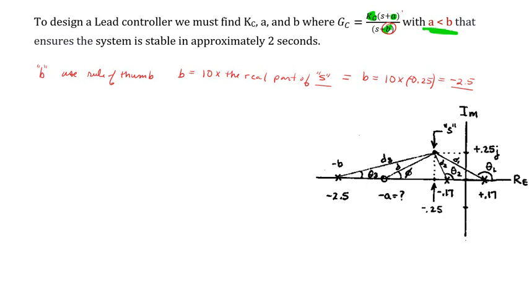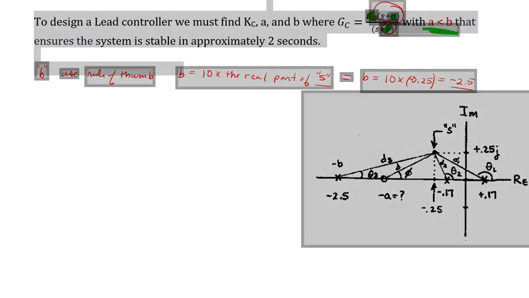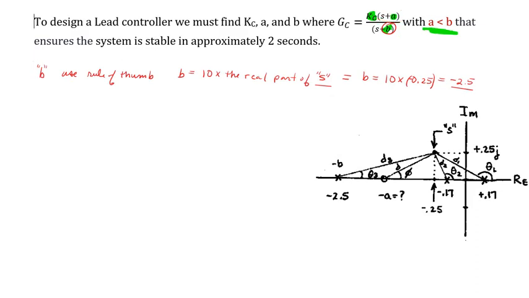Now this 0 is from the s plus a term of our controller, and we don't know where that's going to be. I just arbitrarily picked this point. You could put it anywhere you wanted, as long as it was to the right of B, because it's got to be such that its value is less than b.